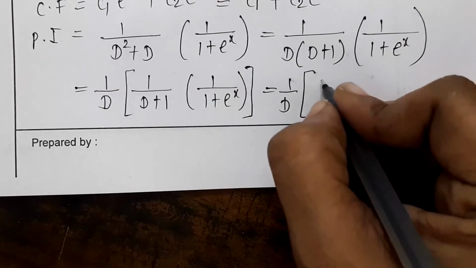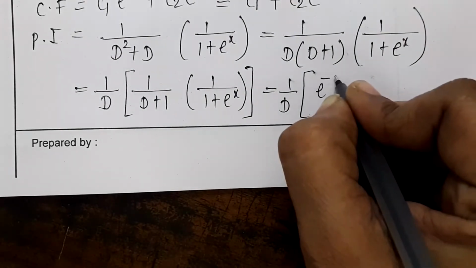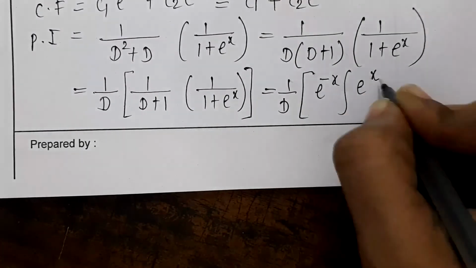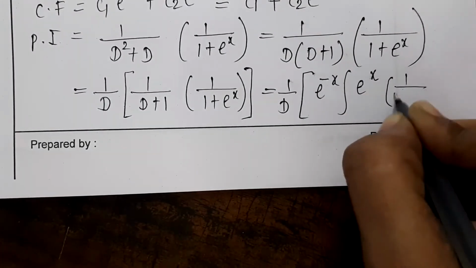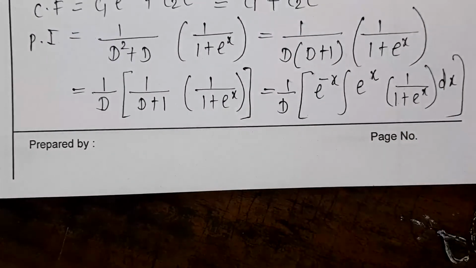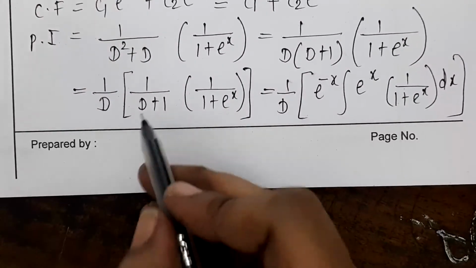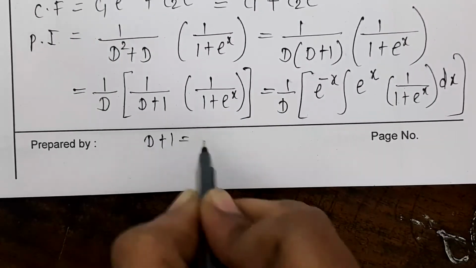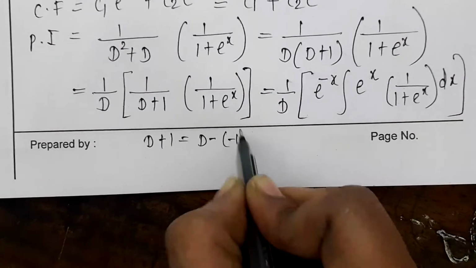It is e to the power minus x, inside integration e to the power x, f of x is 1 upon 1 plus e to the power x multiplied by dx. See, again I am repeating, here D plus 1 can be written as D minus of minus 1.